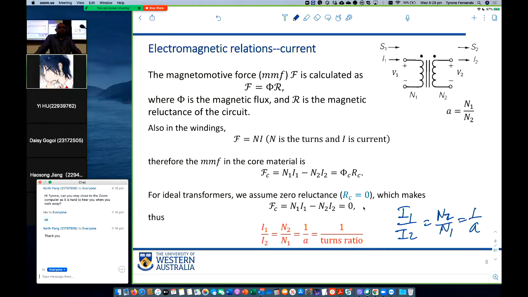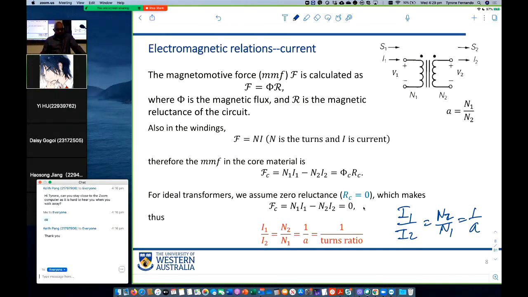Those two dots represent the positive potential of the coil. Where the dot is, that's the higher voltage, the positive potential. That's why the positive is on the top for both, because the dots are on the top. Now, on the primary side, the convention is current flows into the dot. On the secondary, the convention is current flows out of the dot. So I1 flows into the dot, I2 flows out of the dot.